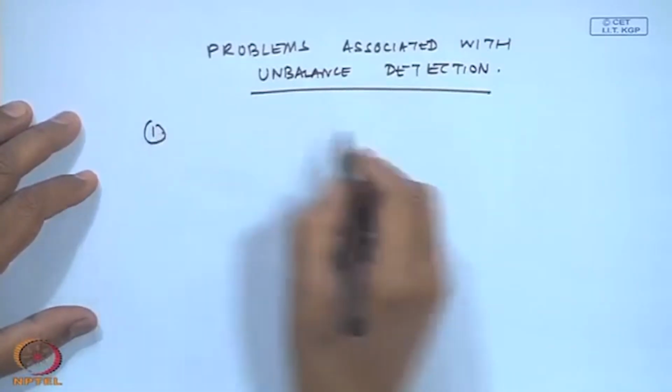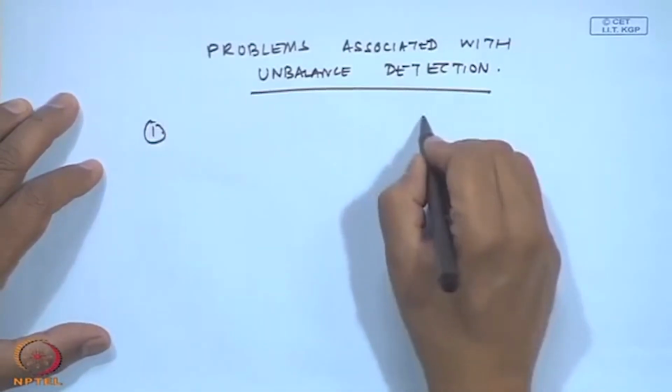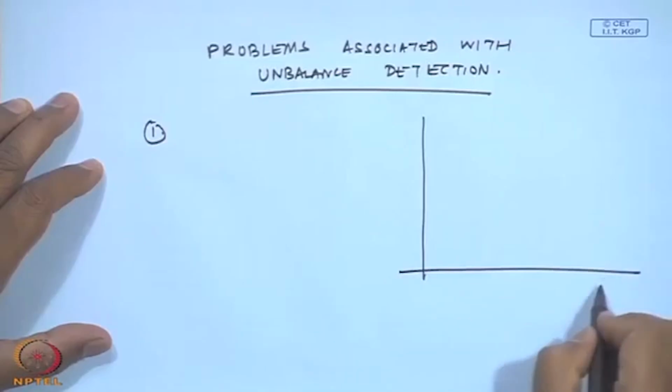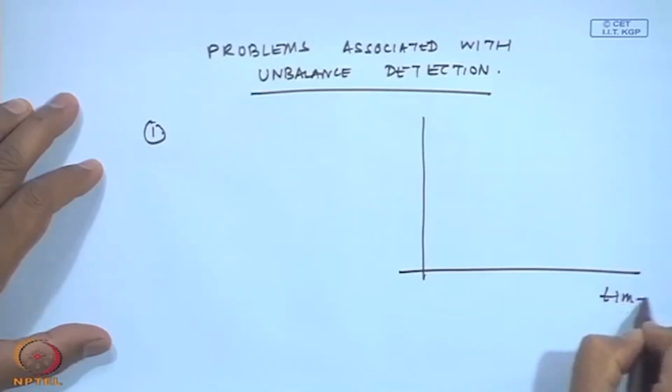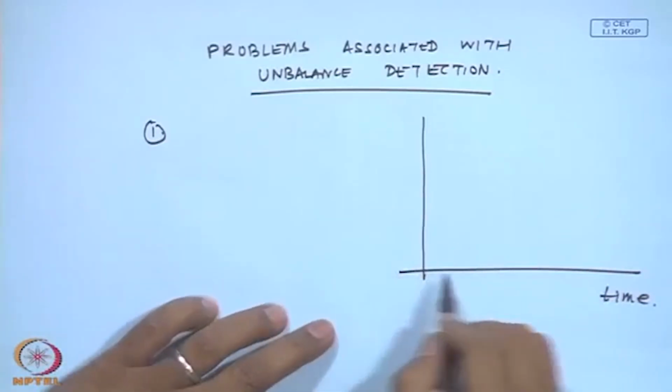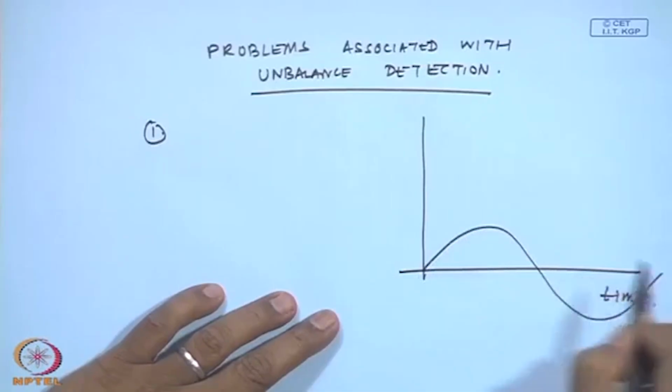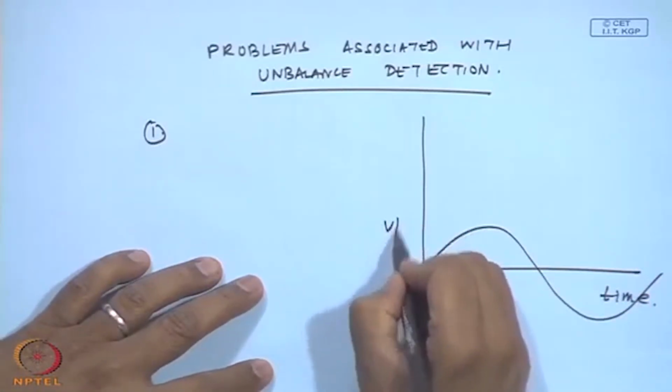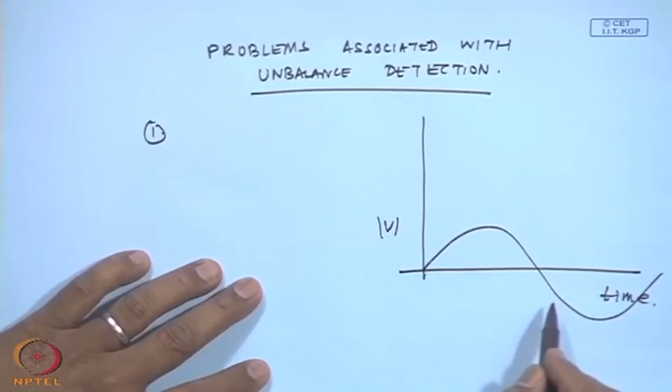One problem is, whenever we have an unbalance or we have a machine rotating at a particular speed, I will get a harmonic vibration because it is periodic vibrations.